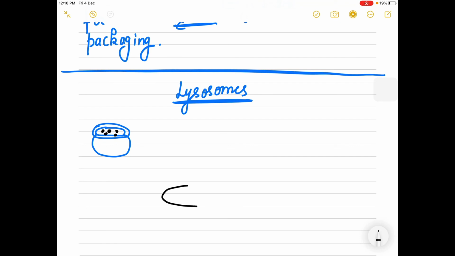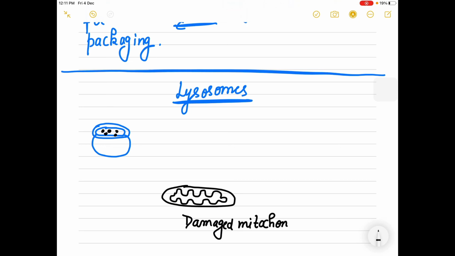Now suppose this is the mitochondria in the cell, and this is not working very well. This is the damaged mitochondria. Now what will this lysosome do? So how will this lysosome work?